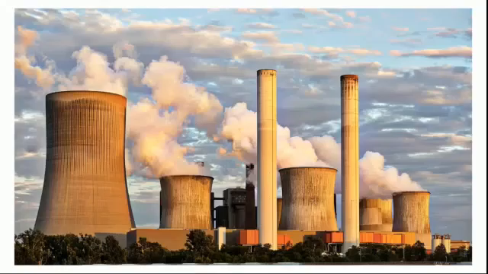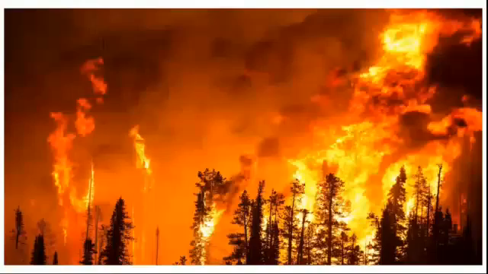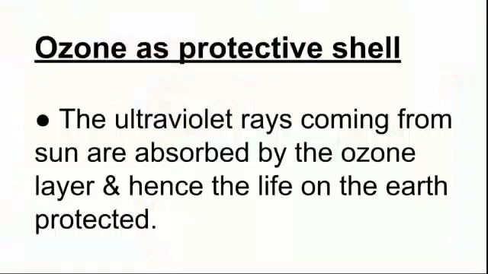In this picture you can see we are producing a lot of dangerous gases from the factories, the smoke which is released from the vehicles, the gases which are released after burning the forest. What happened due to all this?